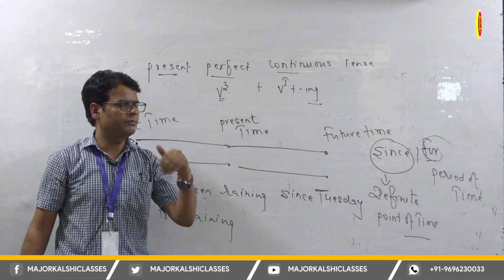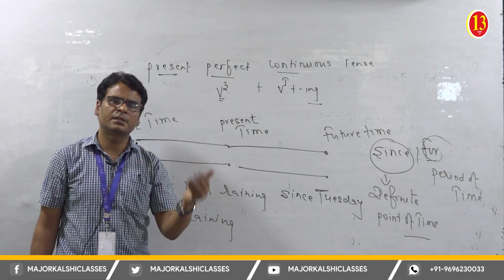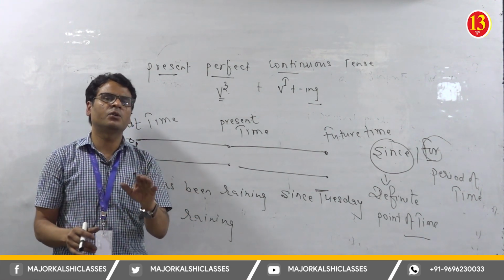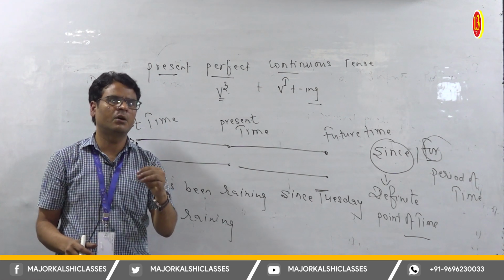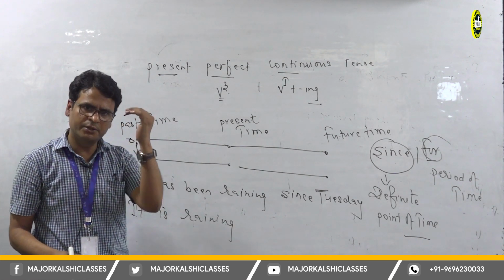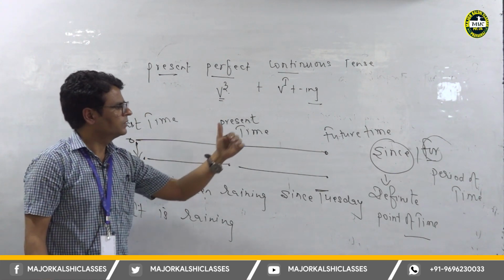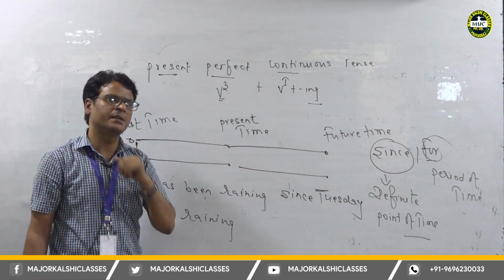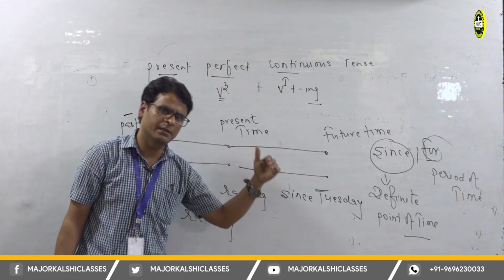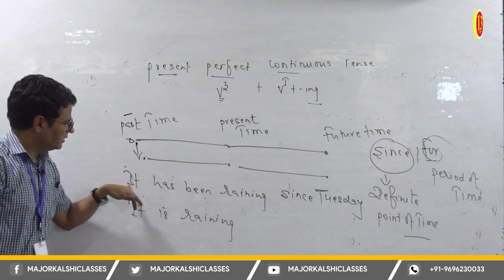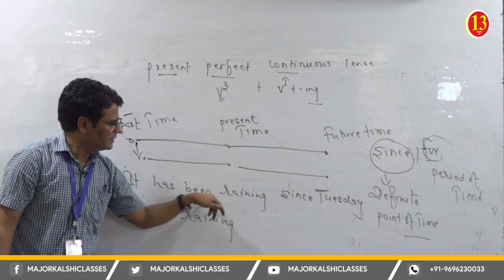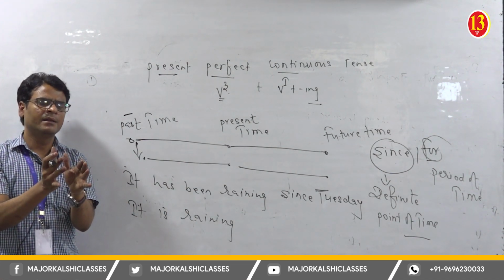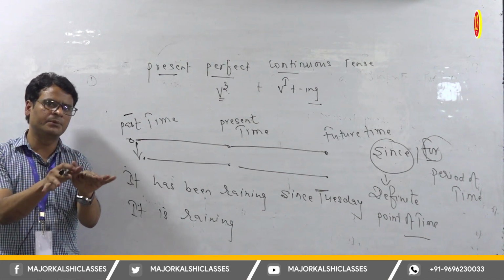But on the other hand, if I say for 2 hours, for 3 hours, for 4 hours, for many months, these expressions do not indicate any definite time or any point. In order to tell point of time, we need the preposition since, and in order to express period of time, we need the preposition for. So it has been raining since Tuesday. Since Tuesday means it started raining from Tuesday.